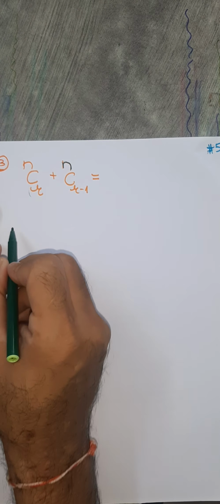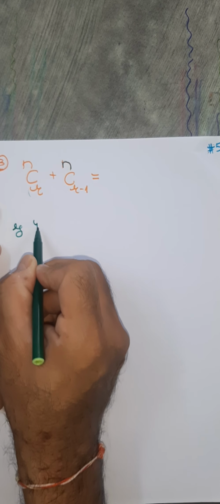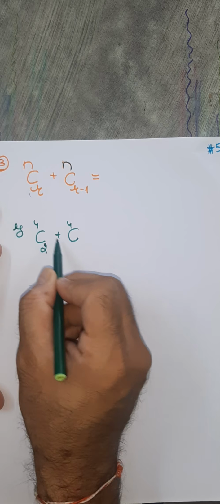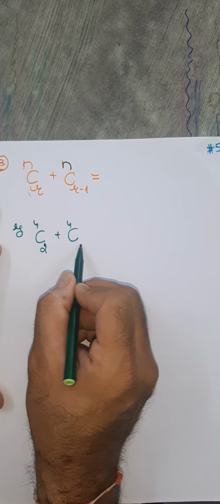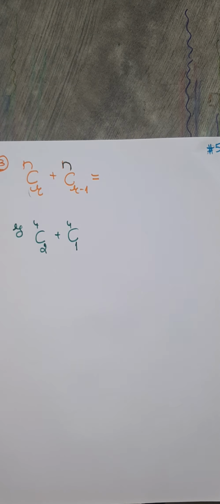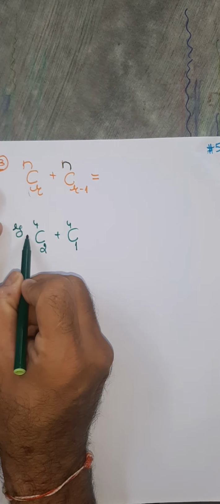For example, if I write 4C2, then I'll find 4C, these two are equal. Here the difference should be 1, either I take 3 or 1. Suppose I take 1. This is one example.